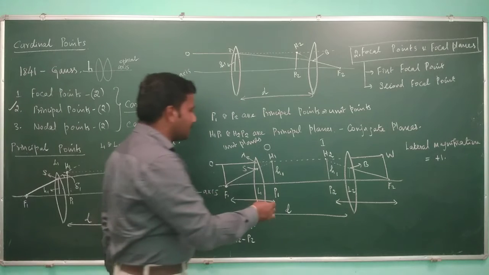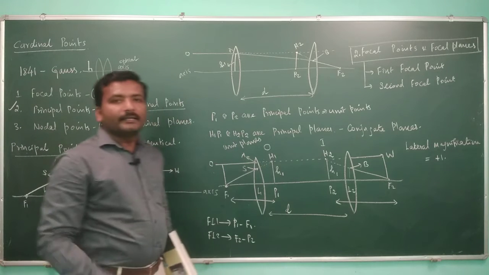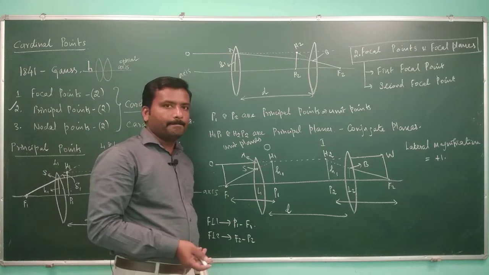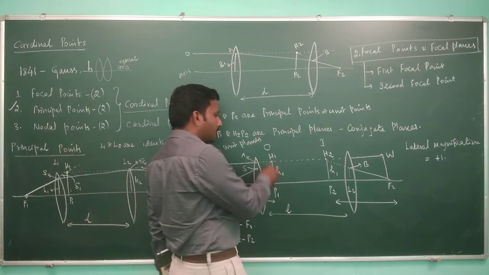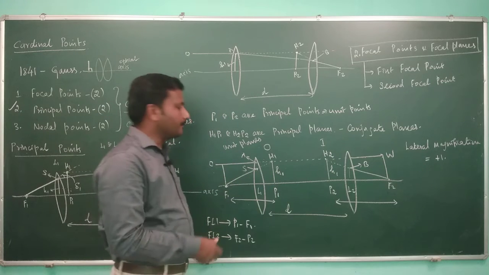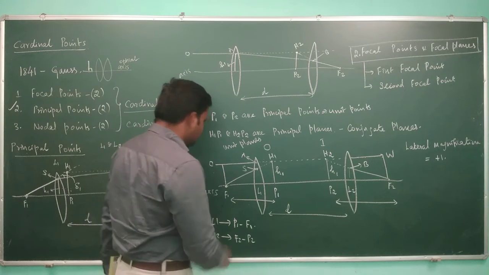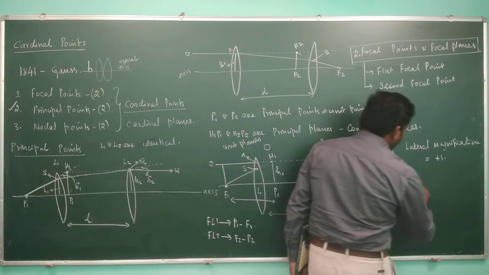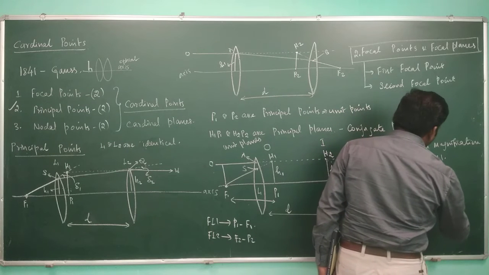In a lens system, if the medium on either side is the same, for example, if this lens system is placed in an air medium, then focal length 1 and focal length 2 are equal.